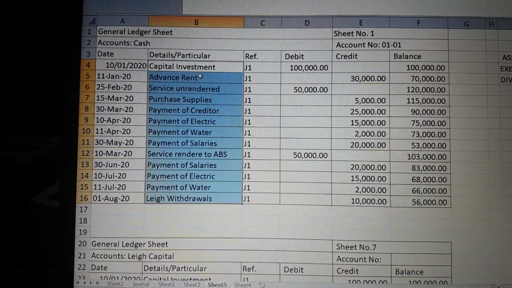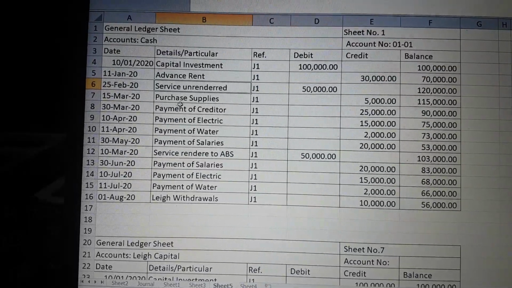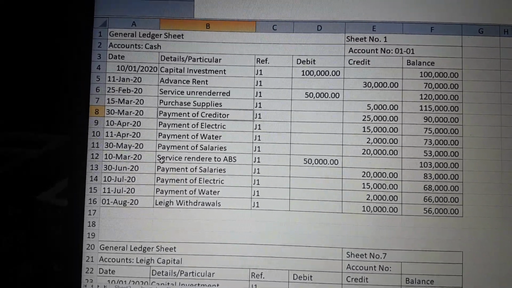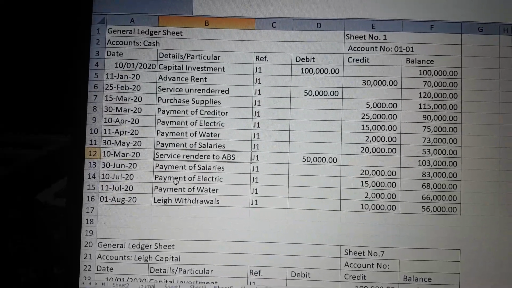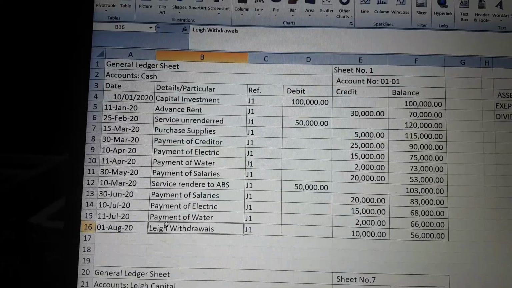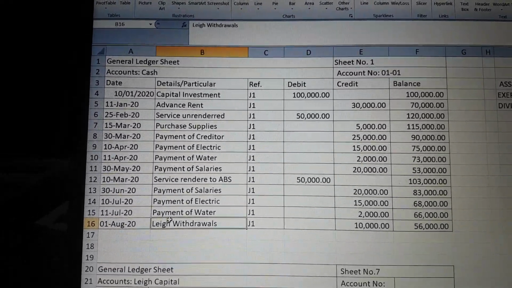First, capital investment, we paid rent, we received cash from service rendered, we purchased supplies, we paid our creditor, paid our expenses, service rendered, payment of expenses, and then withdrawal. So these are chronological transactions that affect the related group of accounts.